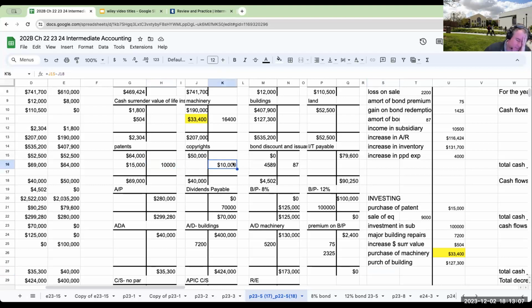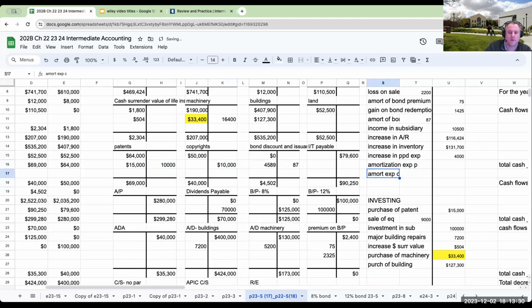This is copyright amortization. When I do this in my classes, I typically will have an account called accumulated amortization, patents, and copyrights. So this is basically amortization expense. Okay, and this is going to be 10,000 for the patent, and this will be 10,000 for the copyright.